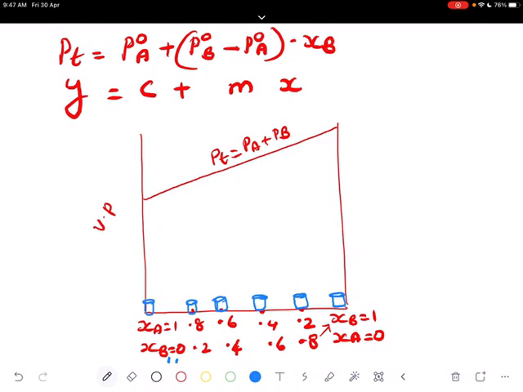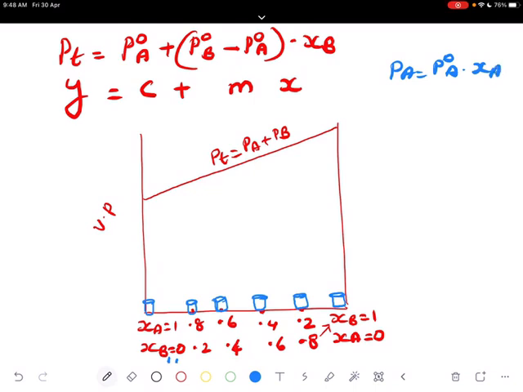now in this way, XA is decreasing. See, XA is equal to 1, then 0.8, 0.6, 0.4, 0.2. So XA is decreasing. We know that PA is equal to P naught A XA.